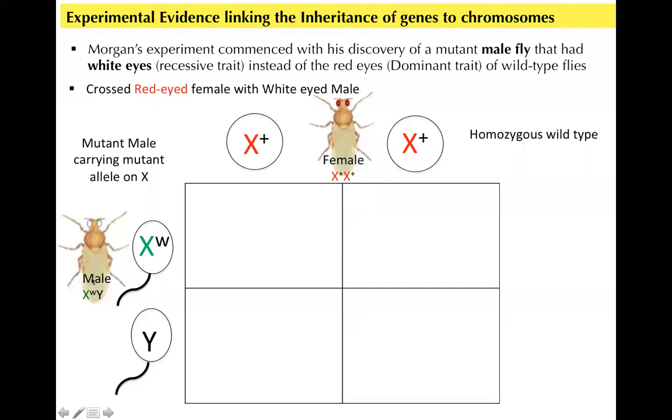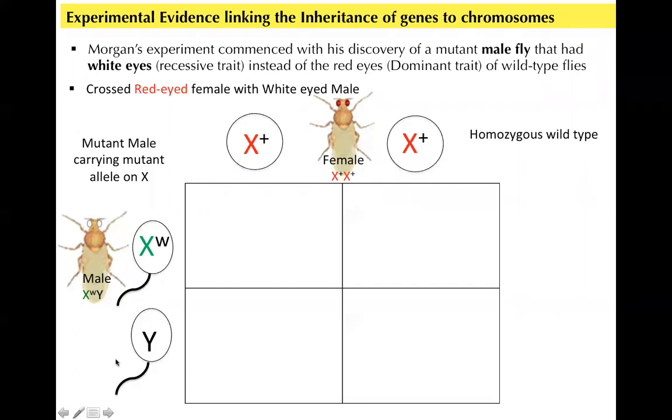Similarly, this white male produces sperms which carry the mutant allele, that is the recessive allele responsible for white eye color, and another kind of sperm which carries the Y chromosome, on which the gene controlling the white eye phenotype is not located.